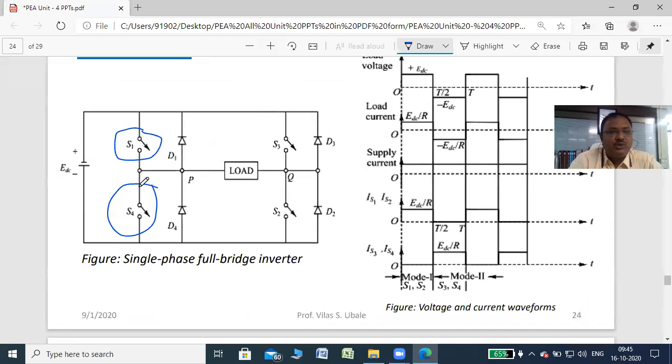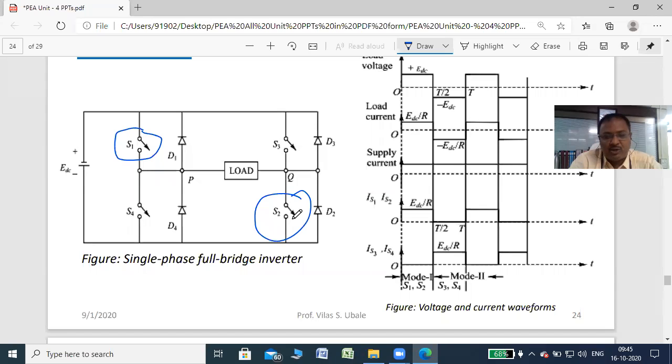So the switches from the same arm should not be turned on at the same time. So when S1 is on and S2 is on, at that time your current flows through the circuit or load, right? So S1, S2, S3, S4, you can give the names in the same way so that you can explain in a proper way.